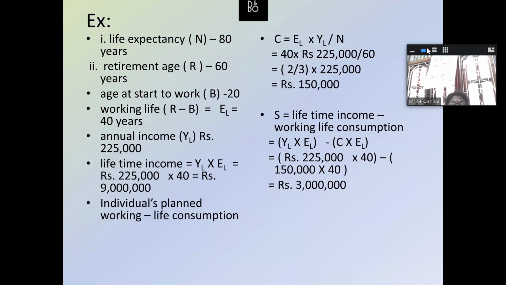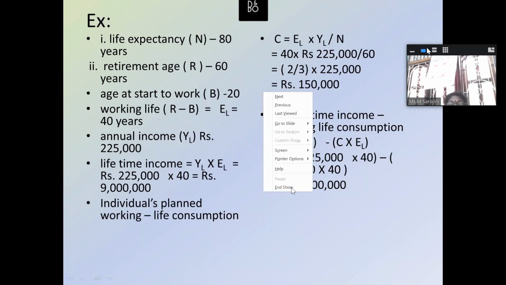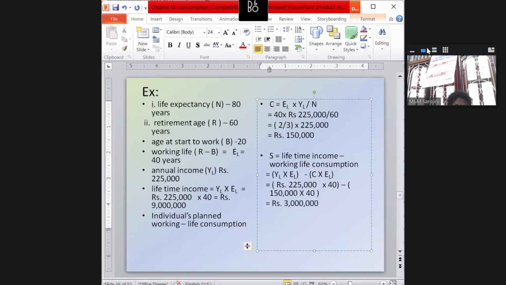Also you can calculate the APC, right? APC is equal to C divided by Y. Again, C is equal to how much? 150,000, no? 150,000 divided by 225,000.